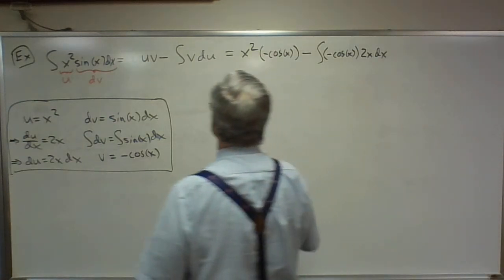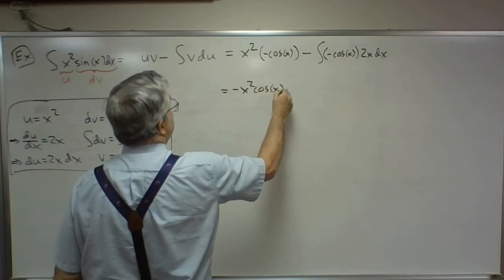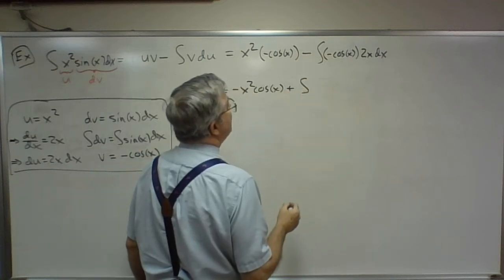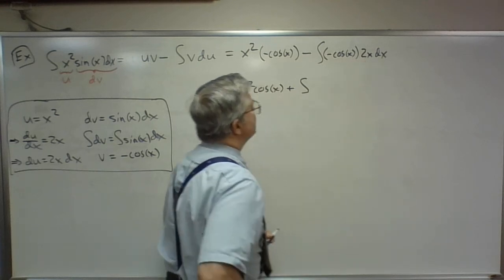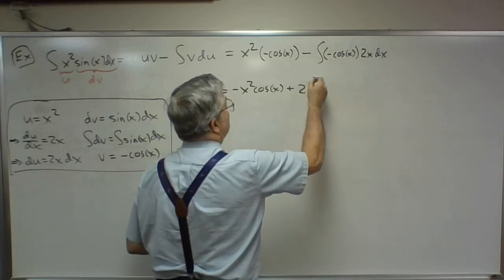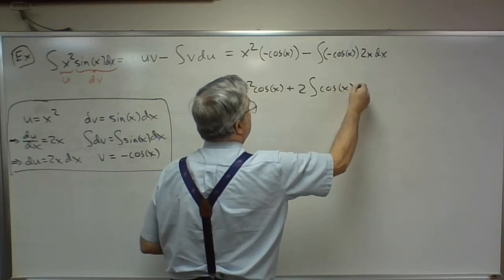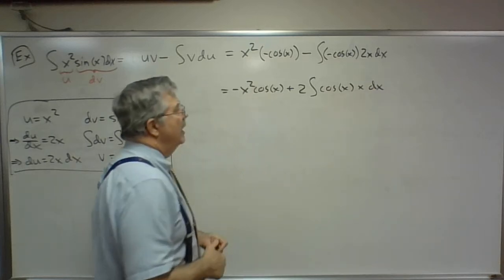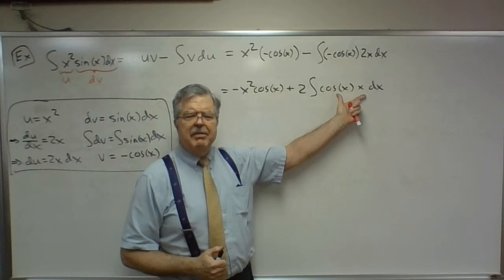Well, let's just tidy things up a bit. And you know what? I'm going to take this 2 and move it out in front of the integral sign. I'm going to have to use integration by parts again.